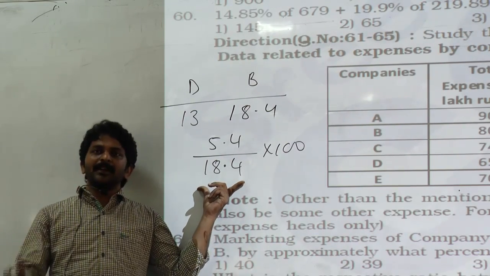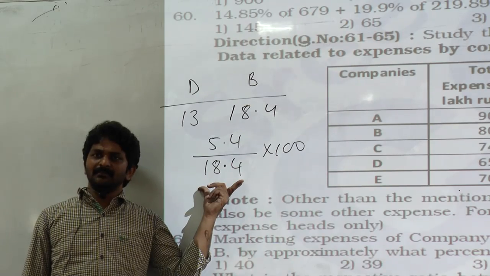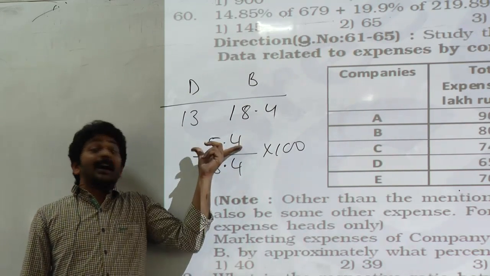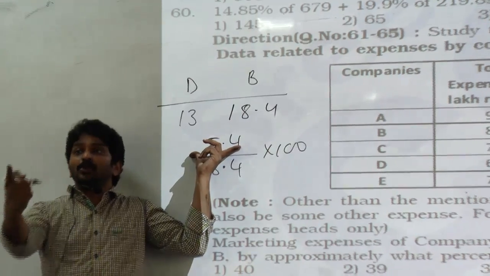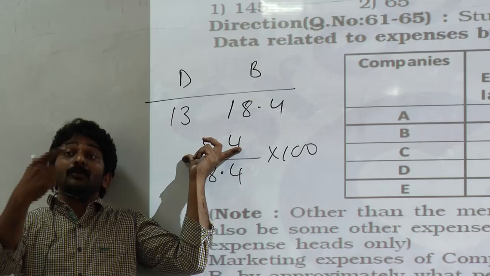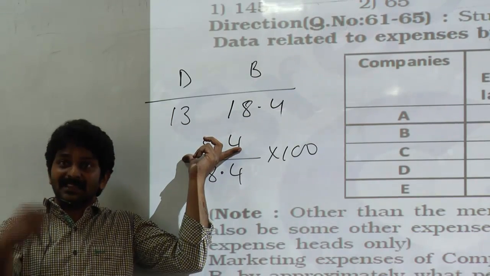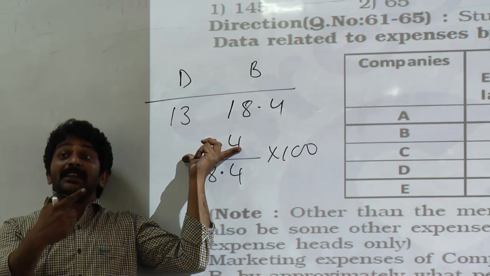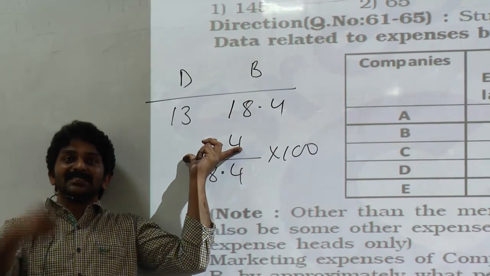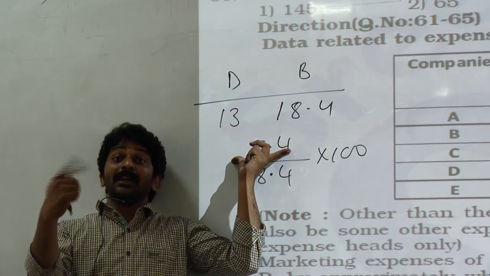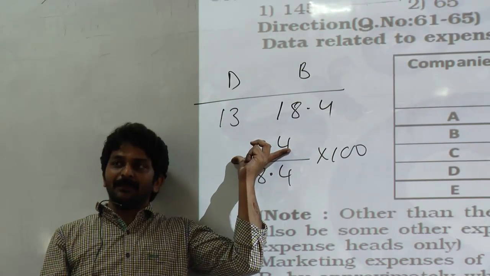Can I treat 1.84 as 2 for time being? Approximate to 2. Yes or no? If our numerator value is near about 2, answer is 10%. If our numerator is near about 4 and less than 4, answer is 20%. If our numerator is near about 6 and less than that, answer is 30%. If numerator is near about 8 and less than that, answer is 40%.